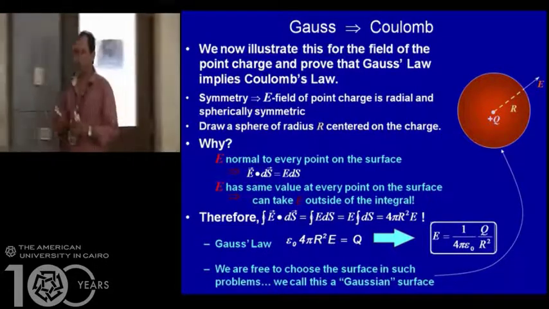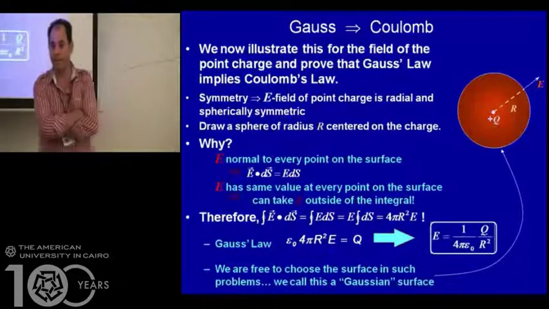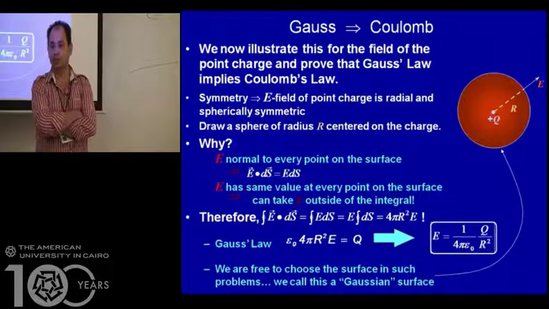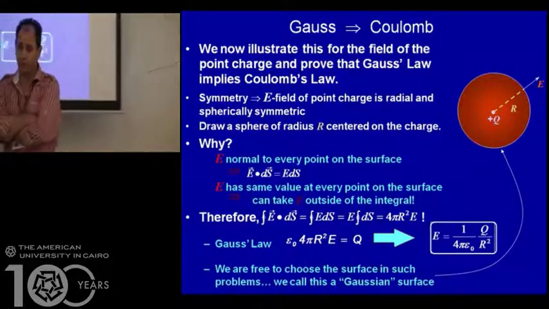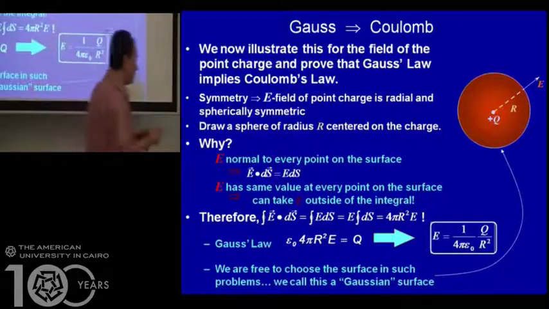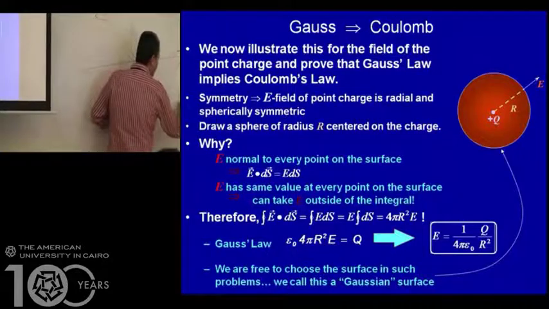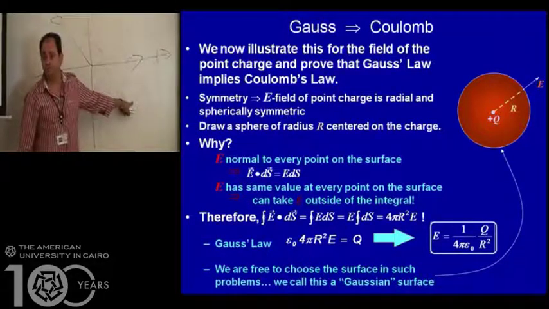Doctor, can you explain from the beginning why we use Q over r squared, because it's a point charge? We use the formula E equals K Q over r squared if the charge is a point charge.